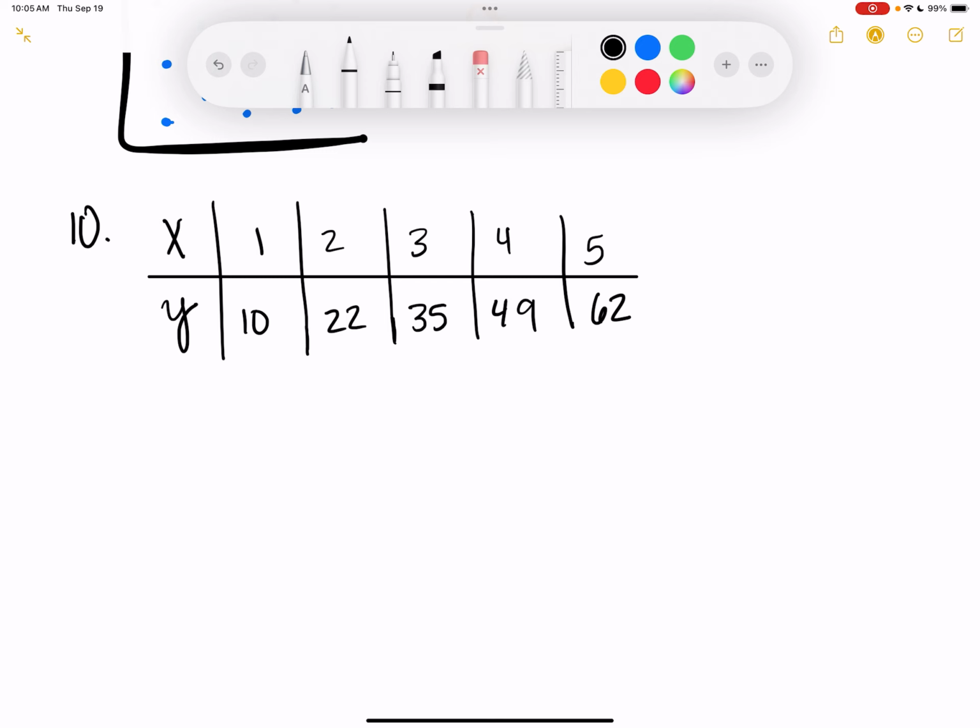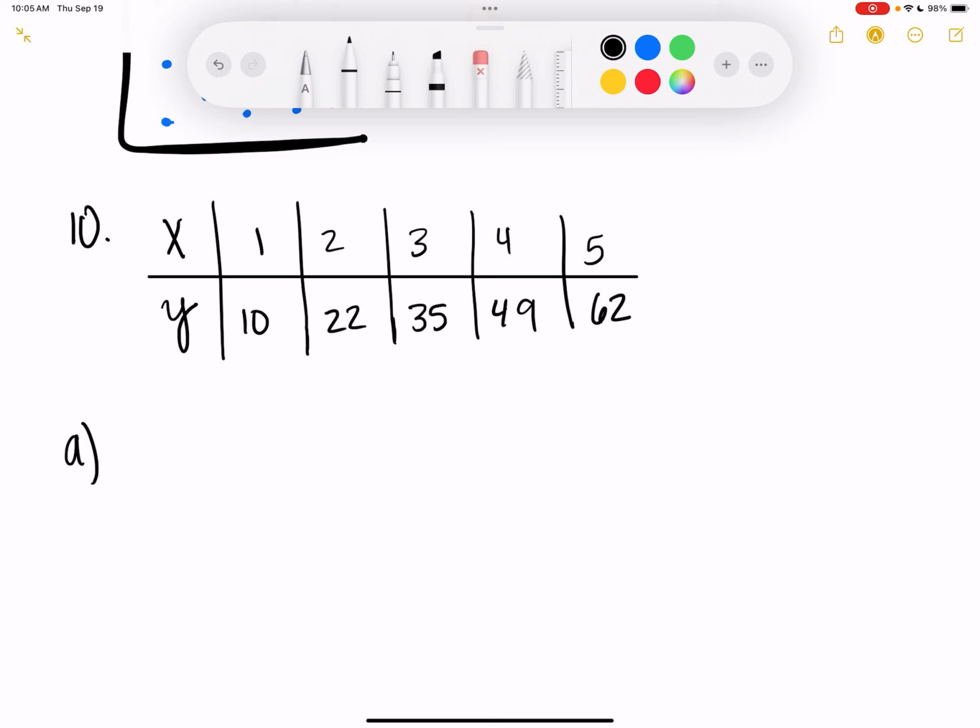You have to make sure you turn the calculator off because it won't charge if it's on. Anyways, okay, what are we doing?